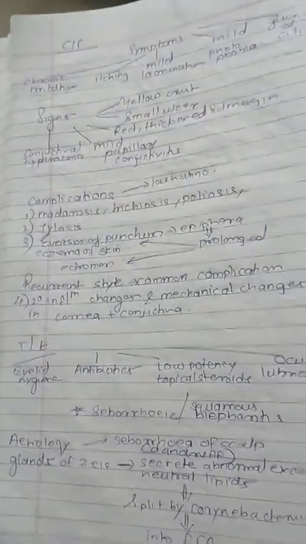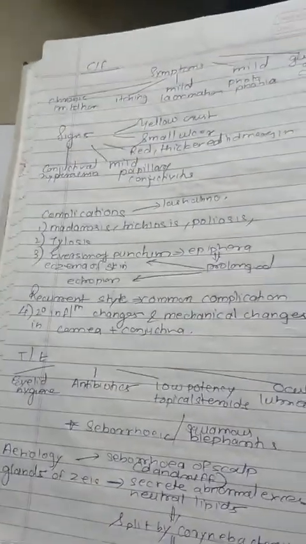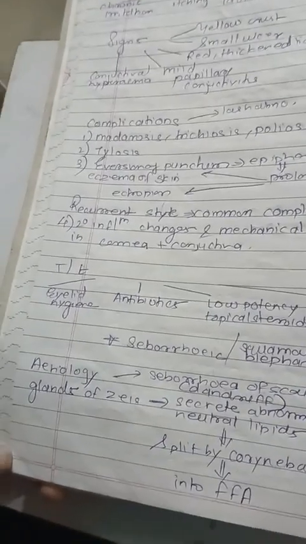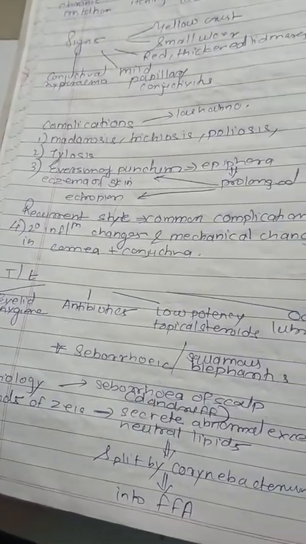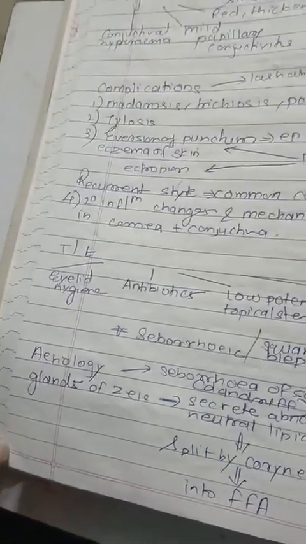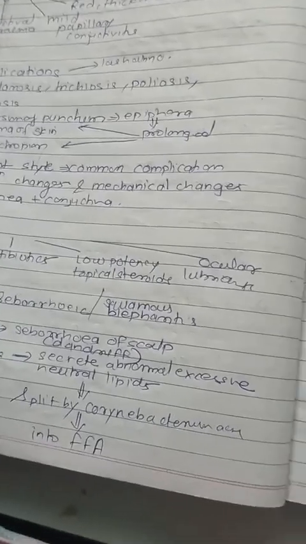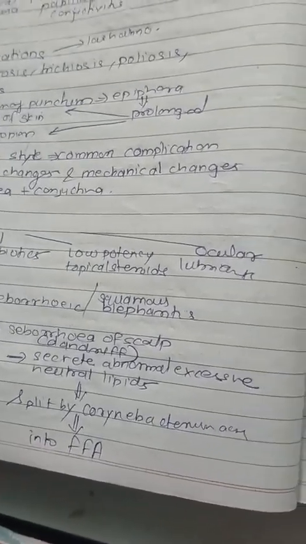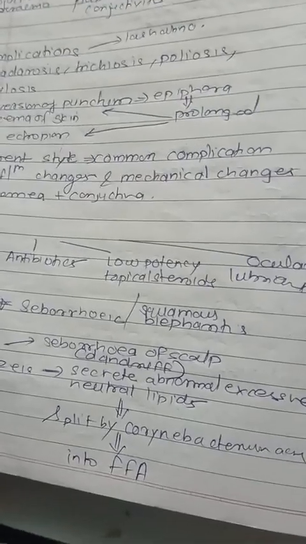Now next is seborrheic or squamous blepharitis. The etiology is basically seborrhea of the scalp, that is dandruff. Glands of Zeis secrete abnormal excessive neutral lipids which are split up by Corynebacterium acnes into free fatty acids.